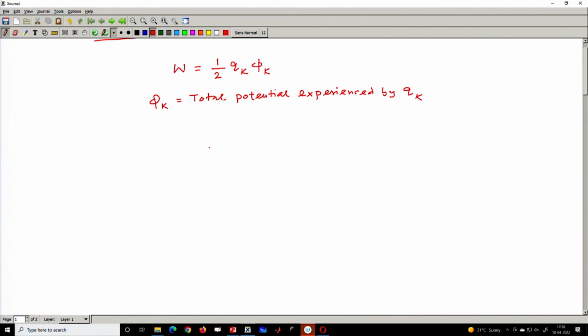This total potential is created by all the other charges except qk. That potential is experienced by qk, and that is the form.